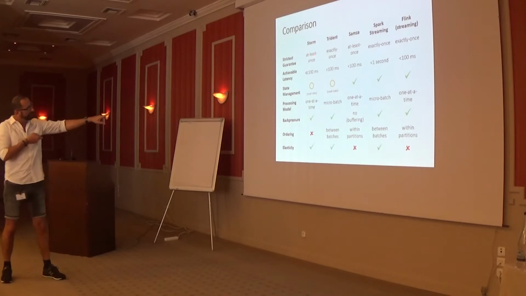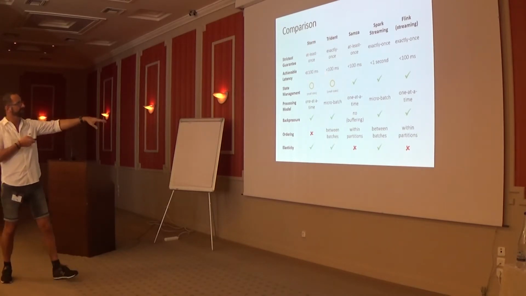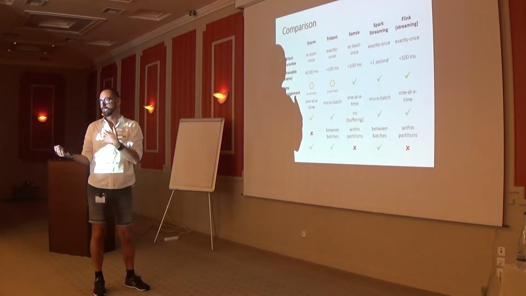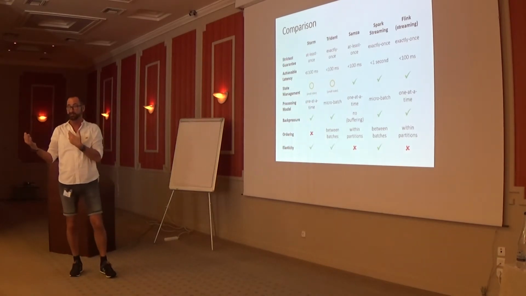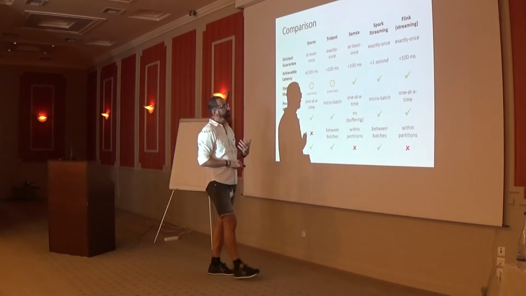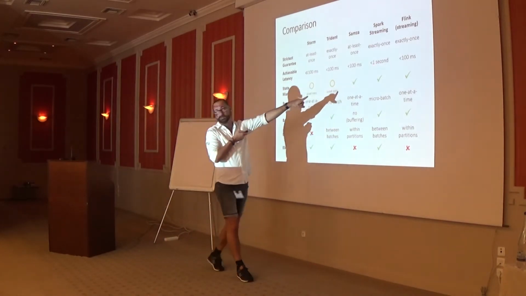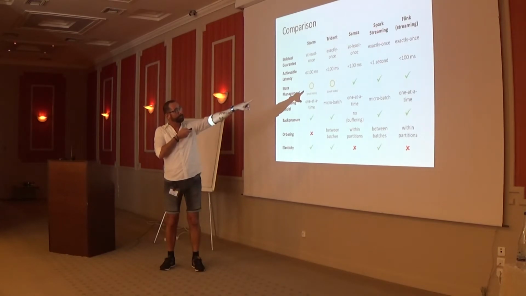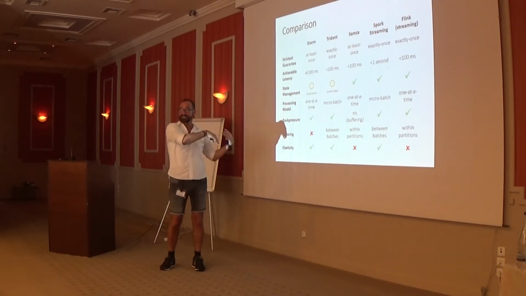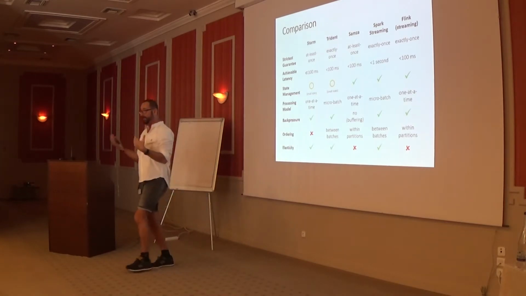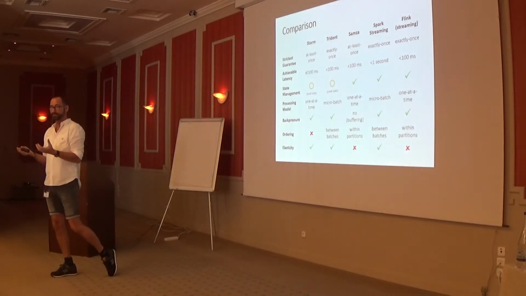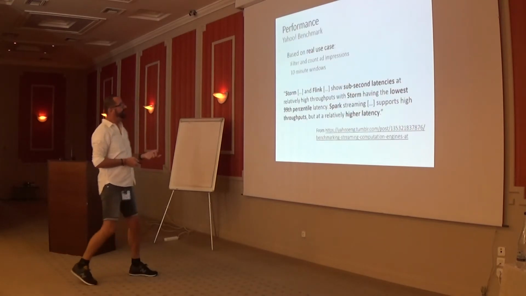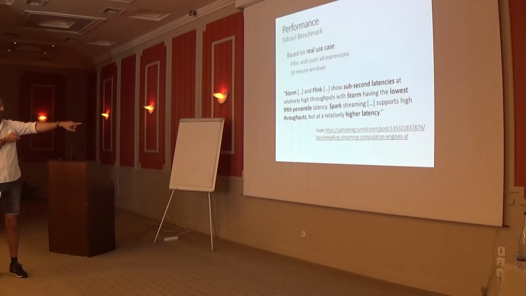So I want to just compare these systems with each other, because Spark is really good in doing batch processing and doing big data analytics as batches, following MapReduce, but they have unacceptable latencies there if we want to do streaming with it. Use this extension. This is not the actual intention of Spark. So the message here is Storm and Flink show subsequent latencies at relatively high throughputs, with Storm having the lowest 99th percentile latency, so it's actually the best.